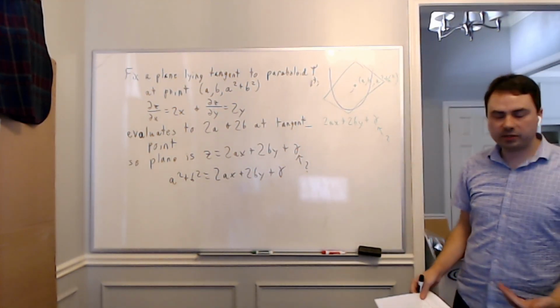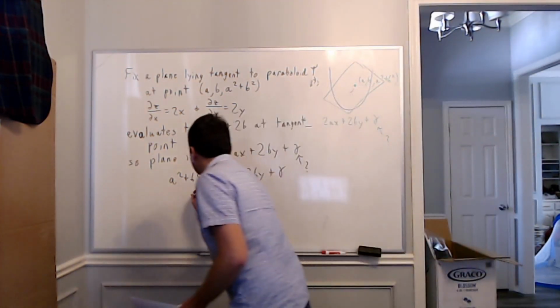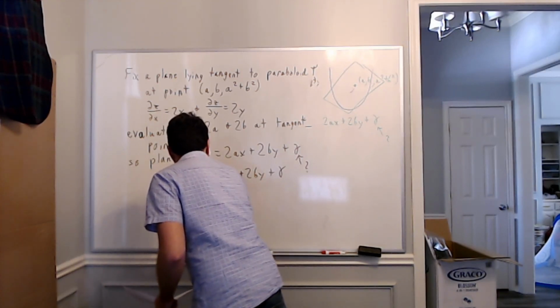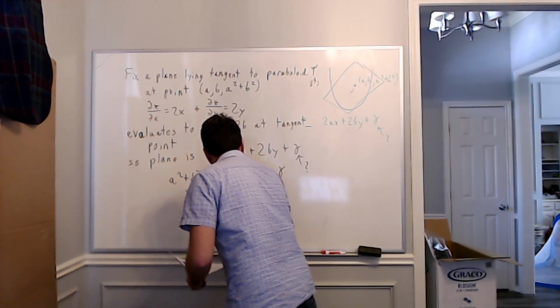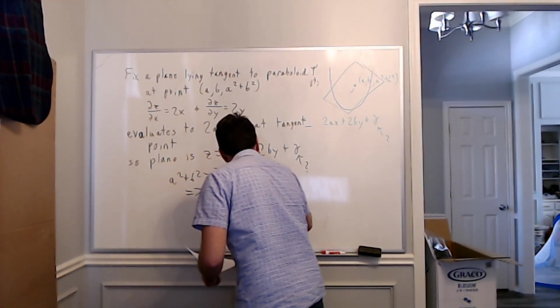If we do the algebra, that implies gamma is equal to negative a squared plus b squared.